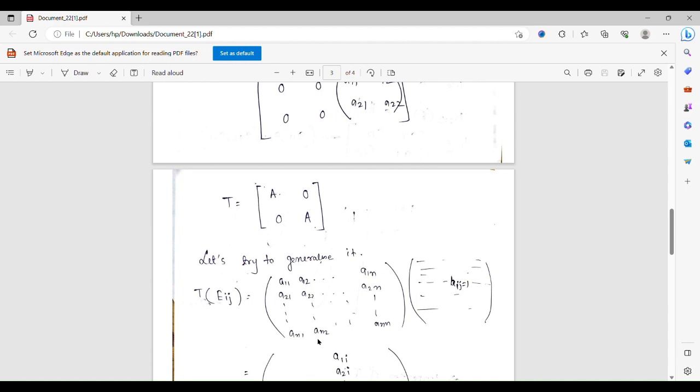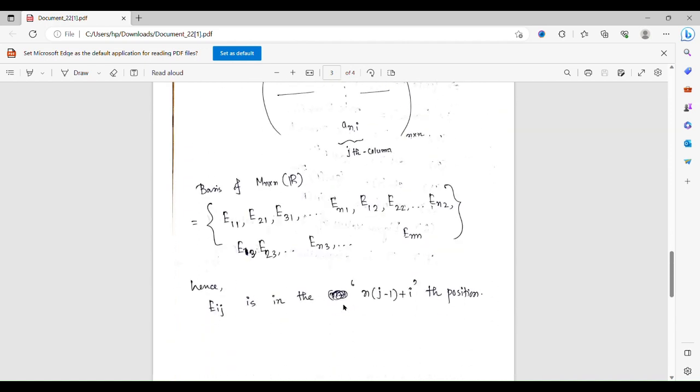So I have j minus 1 columns, and each column contains n matrices, right? For each column we have n matrices. So for j minus 1 columns we have n into j minus 1 entries. And since it is the ijth entry, that means we start from 1, 2, 3, dot dot dot, i. So in total I have n into j minus 1 plus the ith position.